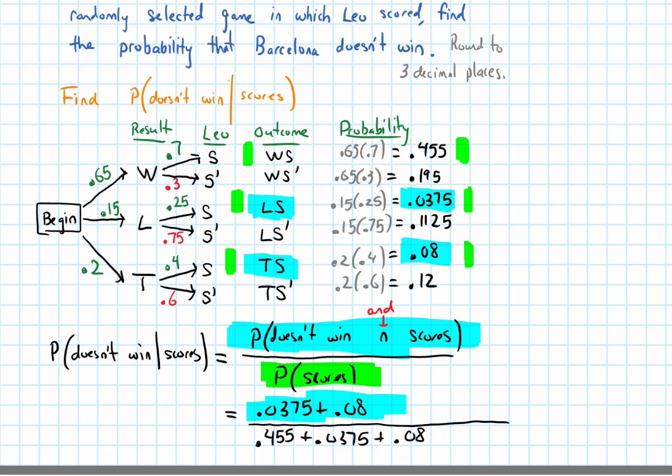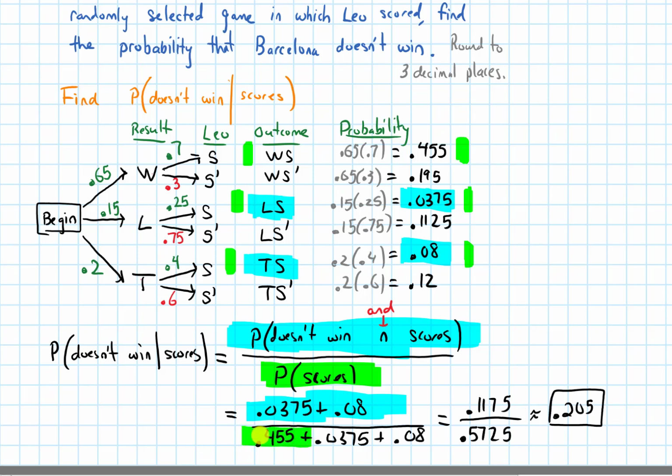And if we work this out, let me make this fraction a little bit smaller. This ends up giving us 0.1175 on the numerator. It gives us 0.5725 on the denominator. And if we round that to 3 decimal places like the question asks, this gives us 0.205. And that is our probability.